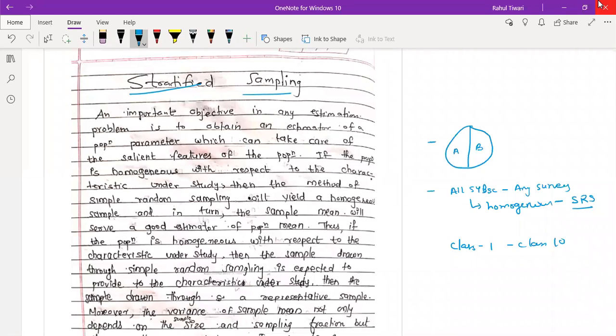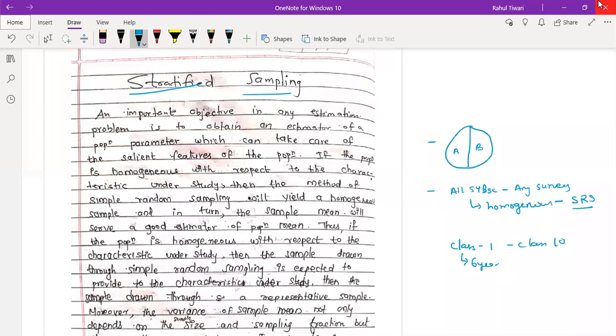The students in class 1 may be 6 years old, so we can measure their height. Similarly, in class 2 they are 7 years old, and what will be their height, and so on. Is there a change in height from class 1 to class 10?